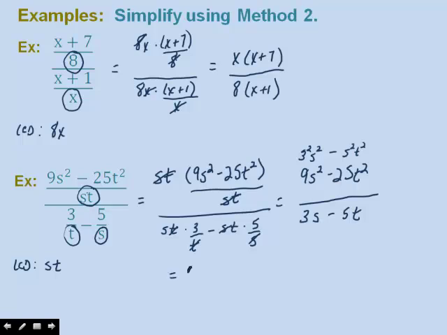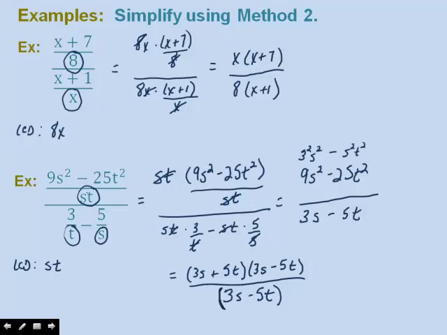We can factor our numerator as 3s plus 5t times 3s minus 5t. In the denominator, these two terms have nothing in common, so we can't do any factoring there.